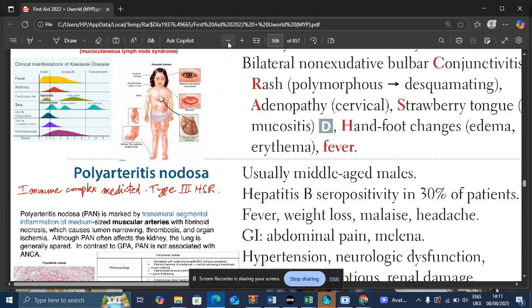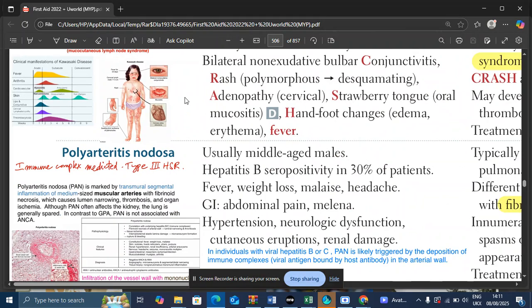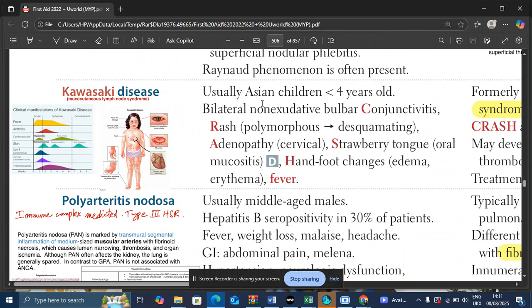So these are the findings usually seen in patients with Kawasaki disease: bilateral non-exudative bulbar conjunctivitis, polymorphous desquamating rash, cervical adenopathy, strawberry tongue, oral mucositis, hand and foot changes like edema and erythema. Edema means swelling, erythema means redness, and then fever.